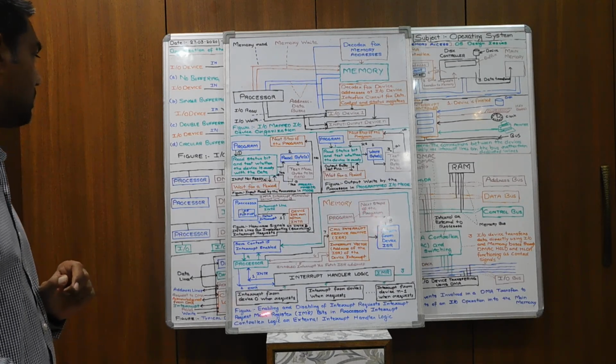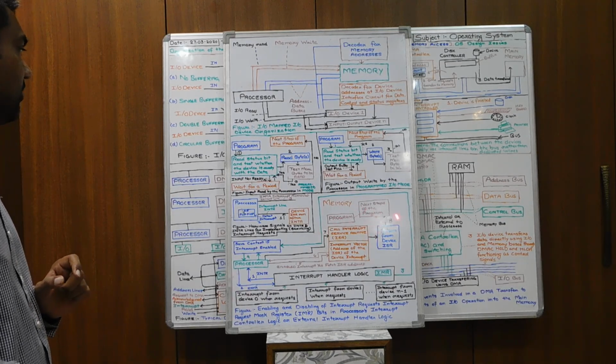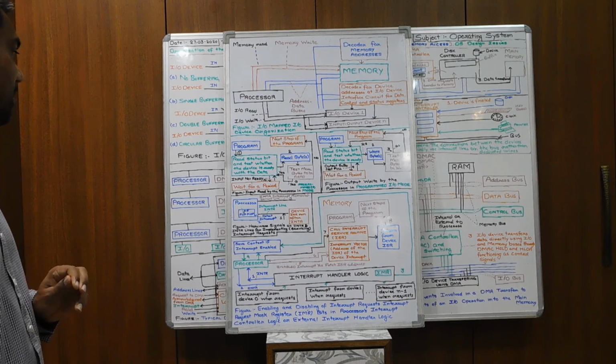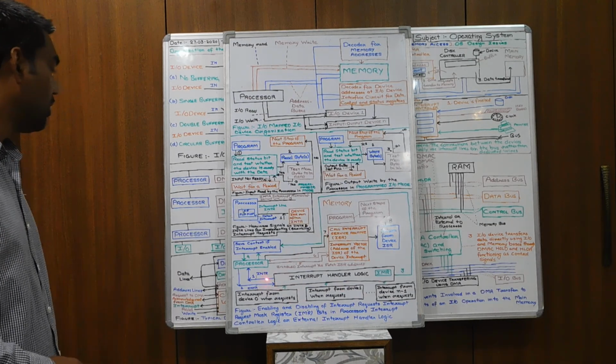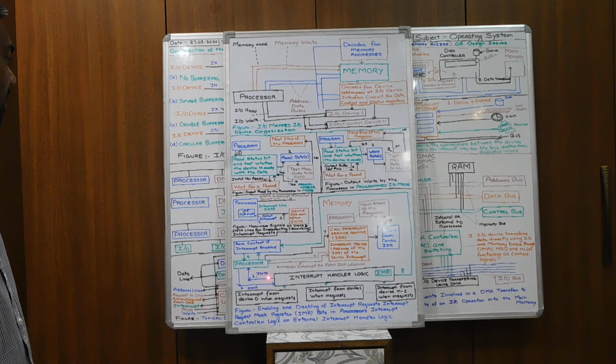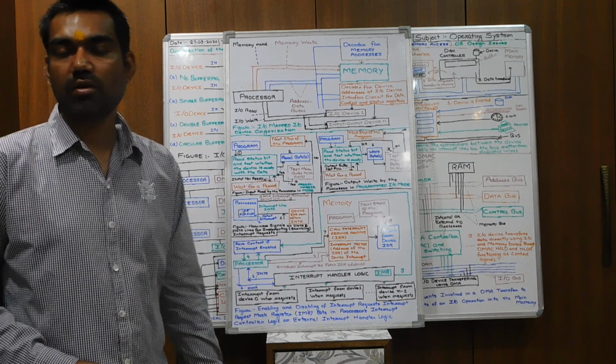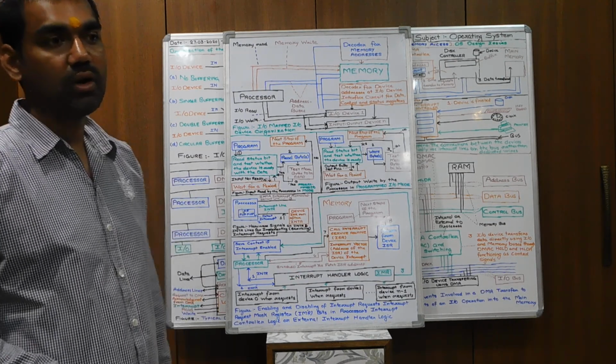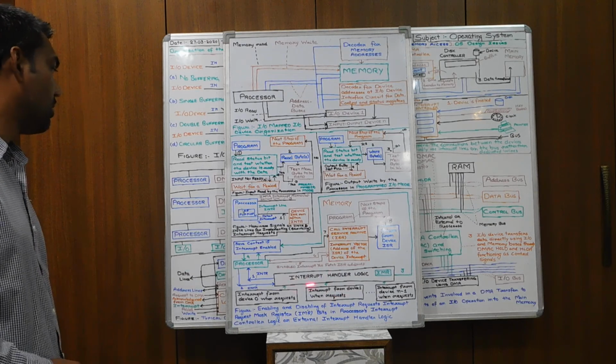So this diagram is specifying that phenomenon. I already told you that INTR is the line. The interrupt INTR line is there, and through this the interrupt request is going to go to the processor. The interrupt handler logic could be a part of the processor, or it could be an external component also.